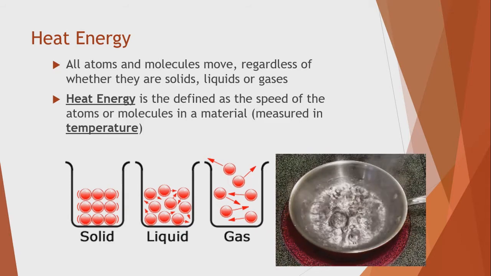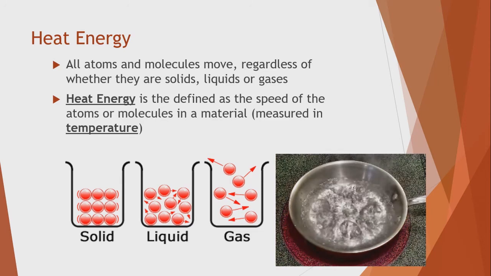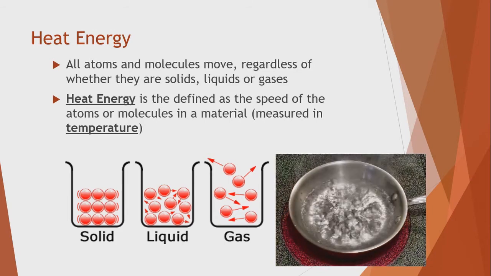Okay, so all of this energy ends up being heat. Well, what is heat exactly? On Earth, we define heat as kind of the chaotic motion of atoms and molecules. All atoms and molecules on Earth will move, and that's true regardless of whether they're solids, liquids, or gases. And we can think of this as chaotic vibrations or movements.